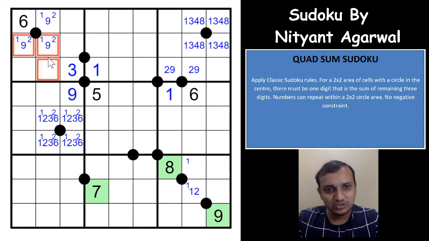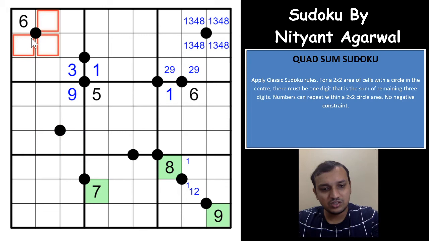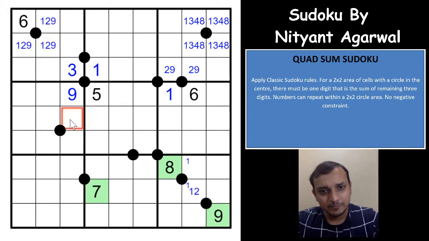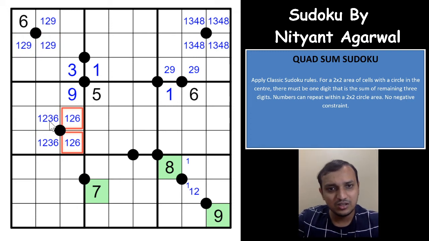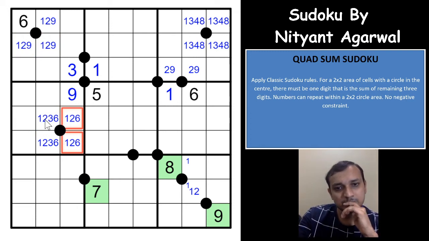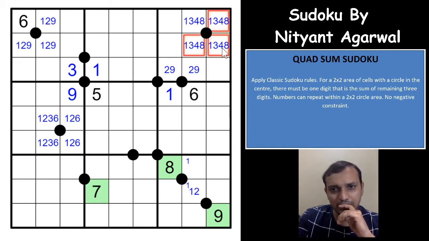Excuse me. So this is 1 2 and 9. This is 1 2 3 and 6. 3 is eliminated from this cell. Okay, so we have done till this 1 3 4 8 2 9.